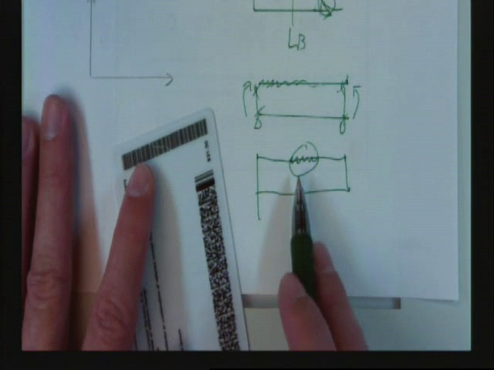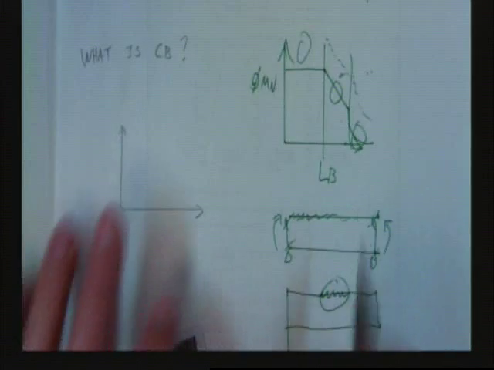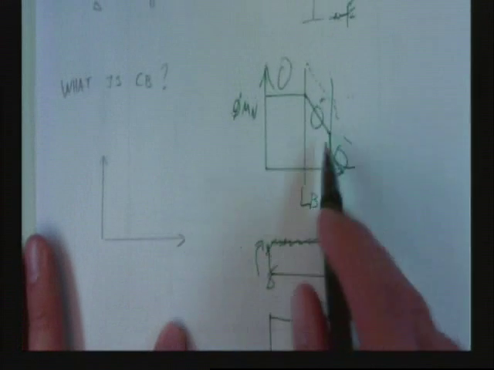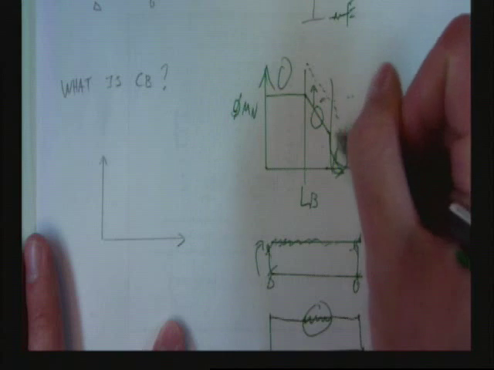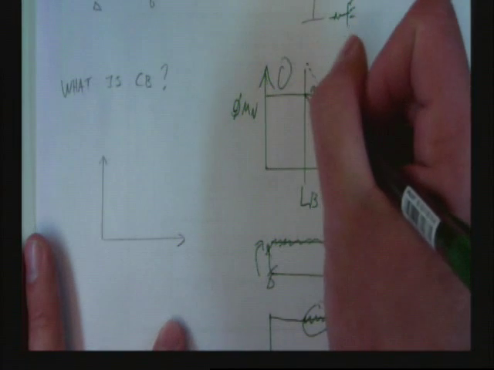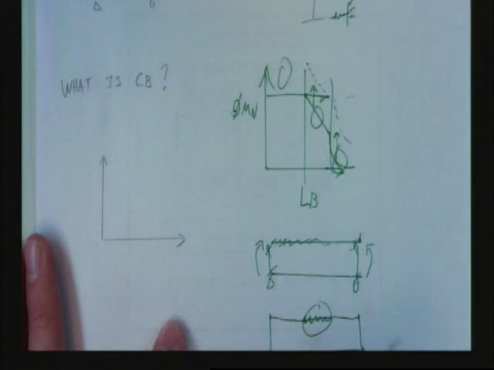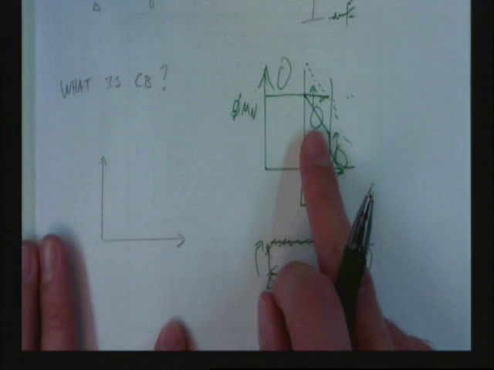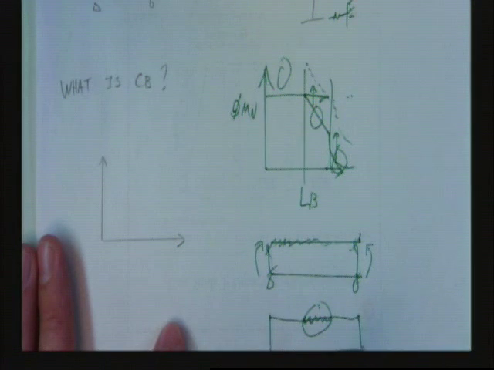So what they've done instead is introduce this concept called C_b. The C_b factor increases the moment capacity, but it can never, ever, ever increase it higher than phi M_p. That is extremely important and something you need to understand. You with me?